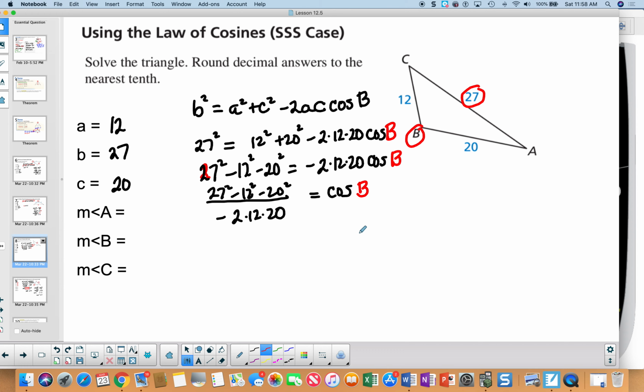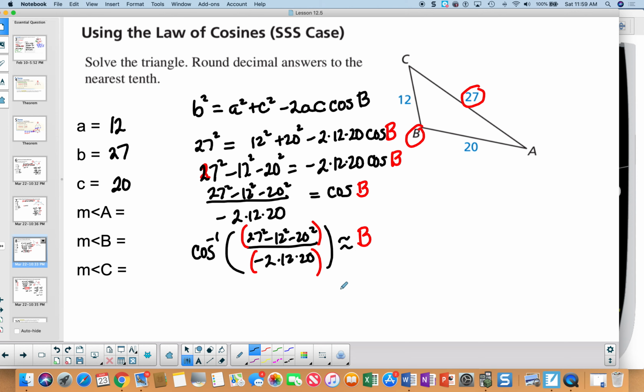Now to get b by itself, I've got to do cosine inverse. Now when you put it in your calculator, you've got to make sure the calculator has parentheses around the numerator and parentheses around the denominator.